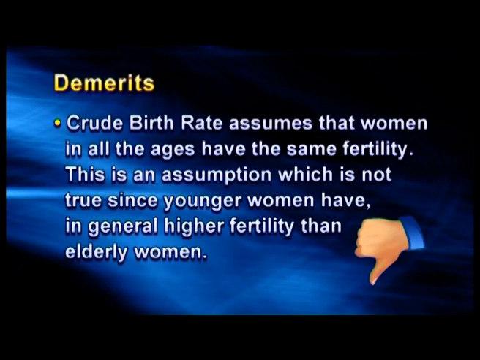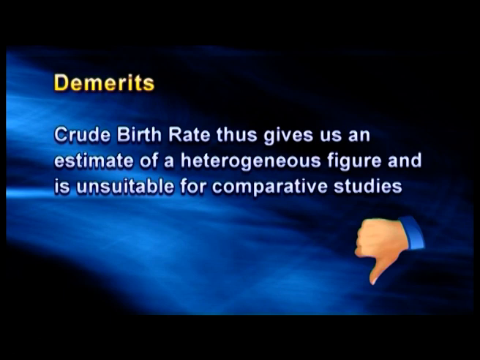Crude birth rate assumes that women in all the ages have the same fertility. This is an assumption which is not true since younger women have, in general, higher fertility than elderly women. Crude birth rate thus gives us an estimate of a heterogeneous figure and is unsuitable for comparative studies.